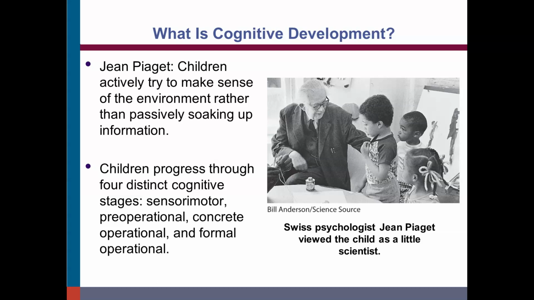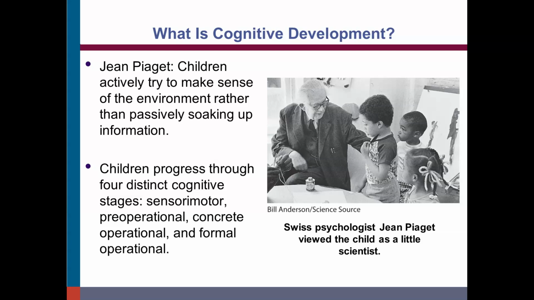So sensory motor, that refers to their first phase. Basically their cognitive processes are prompted by their interaction with the environment through their senses. Remember, I mentioned that infants tend to engage in things like tasting, sucking, grasping.